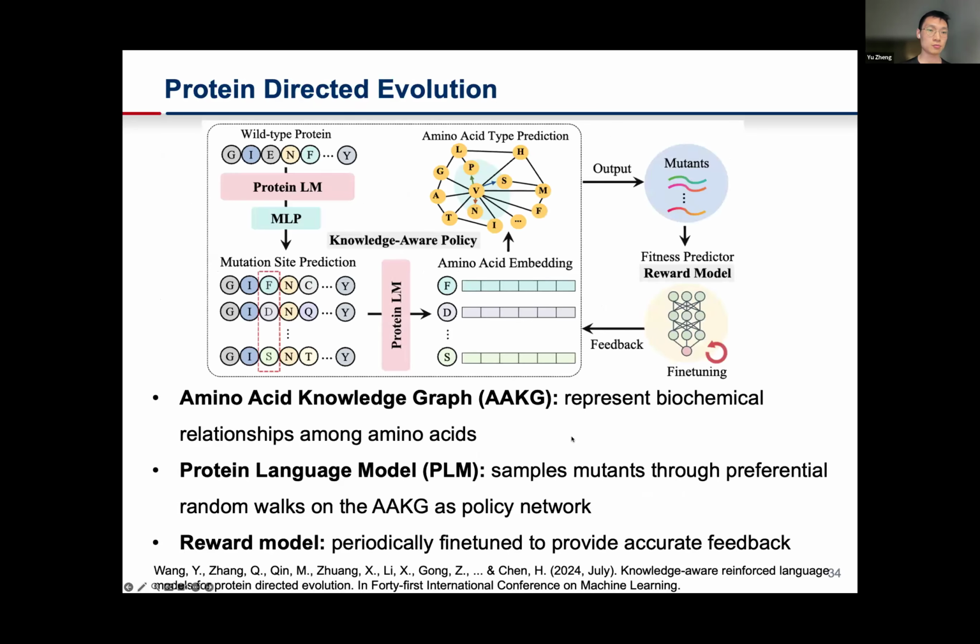And here we introduce one specific example of protein-directed evolution. This work first constructs an amino acid knowledge graph, AAKG, to represent biochemical relationships among amino acids, and then utilizes a protein language model to sample mutants through preferential random walks on the constructed amino acid knowledge graph as a policy network, and also has a fitness predictor as the reward model, which is theoretically fine-tuned to provide accurate feedback.